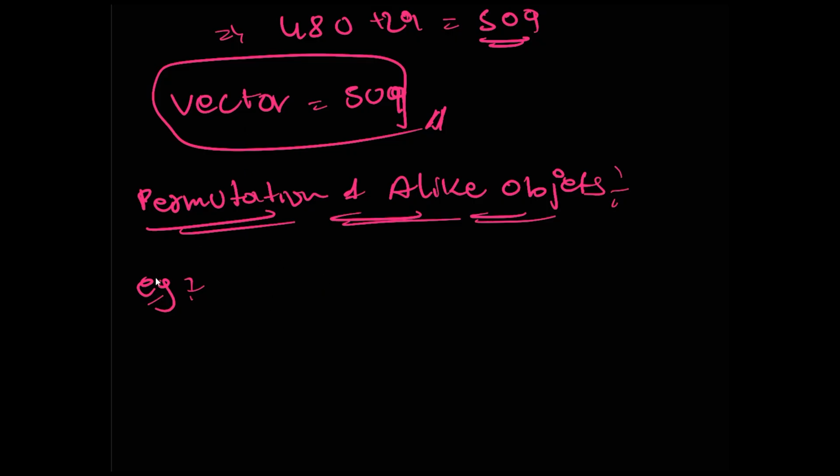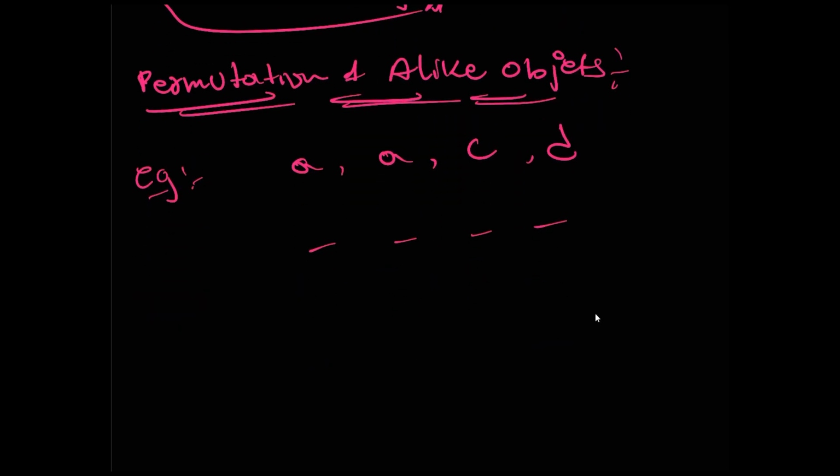We will do one question on this. Let's take an example. We want to arrange A, A, C and D in 4 ways. We want to arrange these 4 letters. How can we arrange? Here, 2 of the objects are similar.